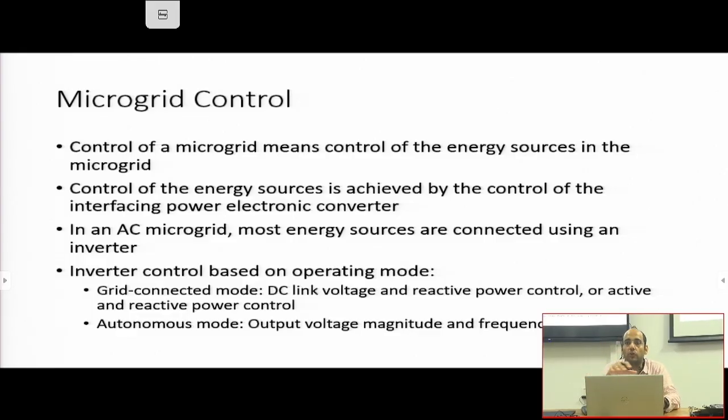That is why, when you talk about renewable energy sources, invariably all the renewable or distributed energy sources will have a power electronic converter connected to them. You must be doing some simulation or project work; all the renewable and distributed energy sources will have some kind of power electronics associated with them. Why? Because the power electronic device is something that we can control, right?